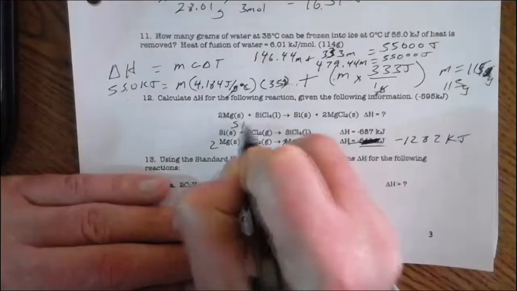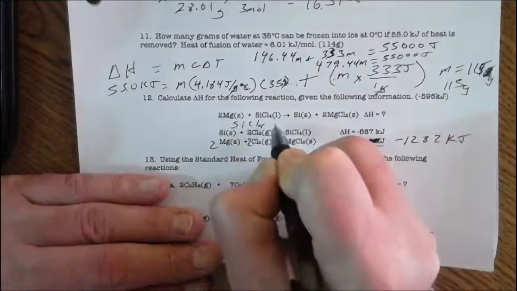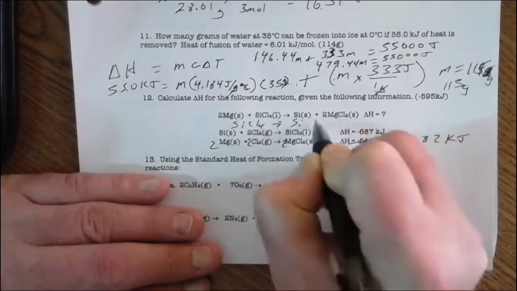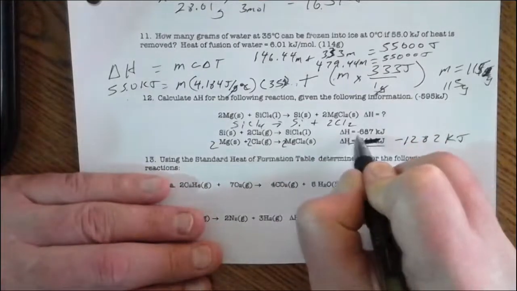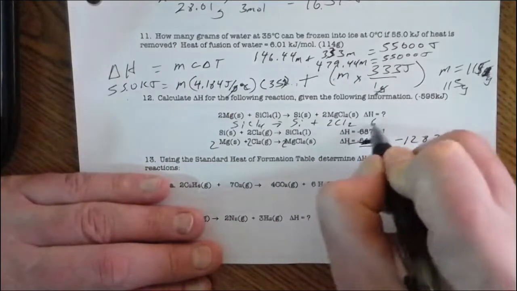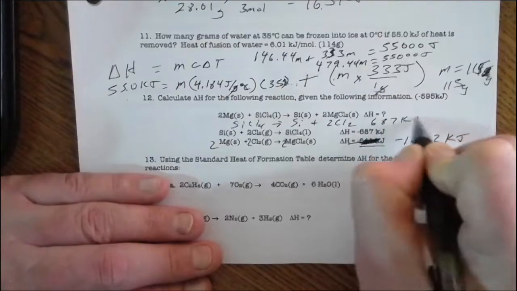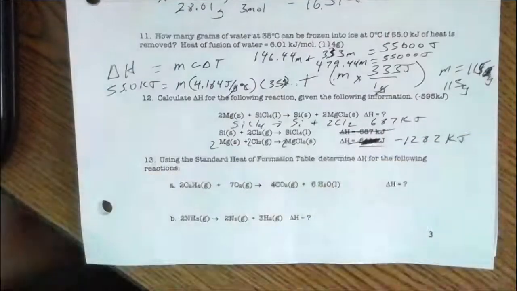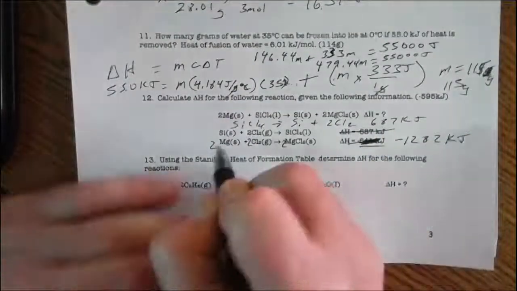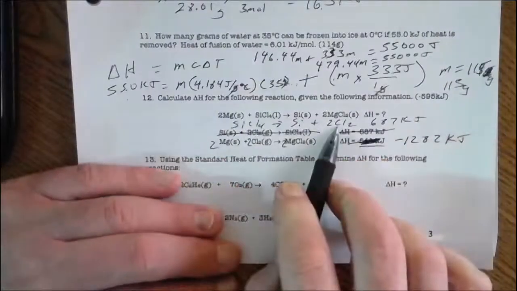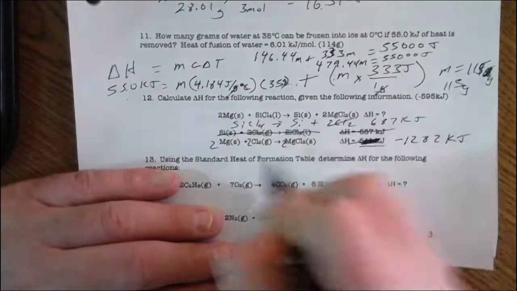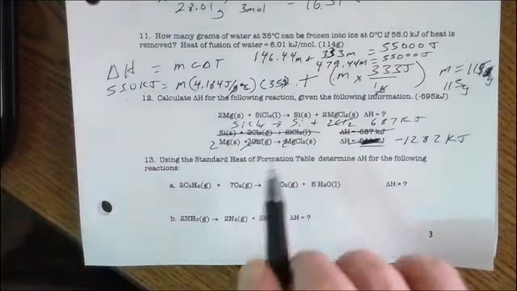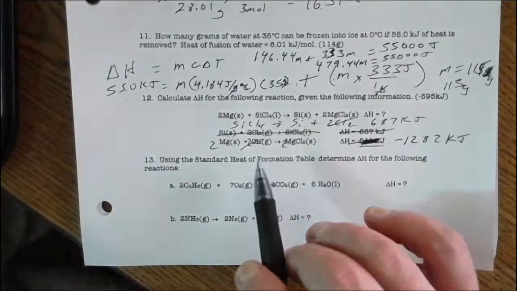So silicon tetrachloride yields silicon plus 2Cl2. What do we need to do to this thing then? We just change the what? Sign. That's all. Now remember, I got rid of this one because I flipped it. What's going to happen to the Cl2s? They're going to cancel because they're on opposite sides. If they're on the same side like the oxygen last one, they add up.